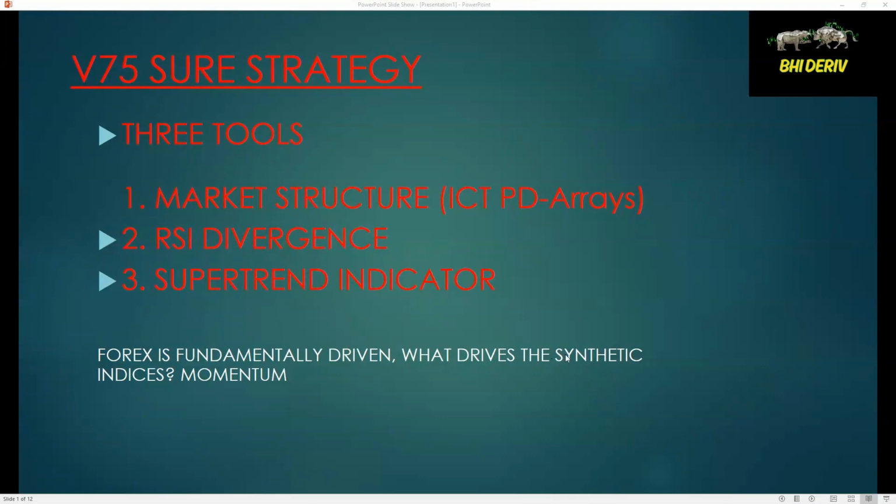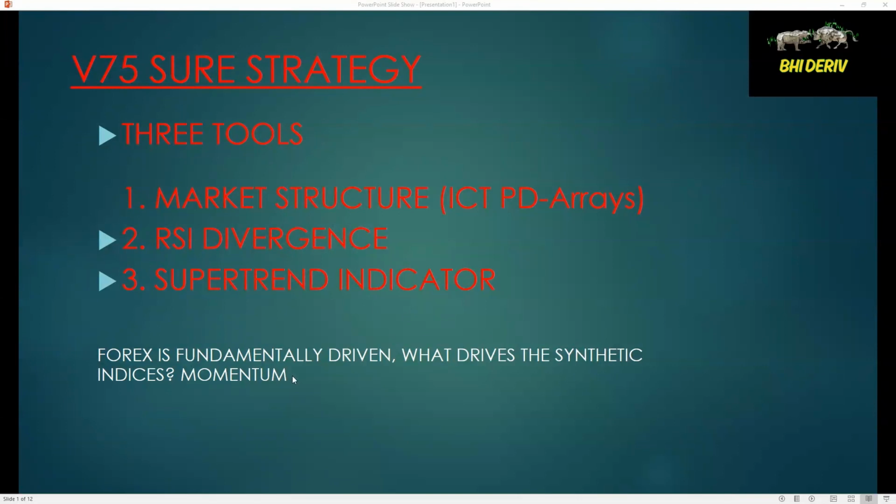So from the word synthetic, it means it mimics the Forex market, but is not affected by real life factors, such as the economic calendar, interest rate, and so on and so forth. What drives it is simple: it is momentum.